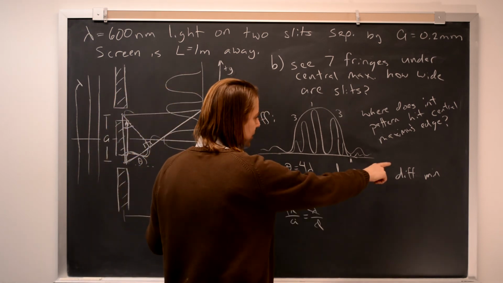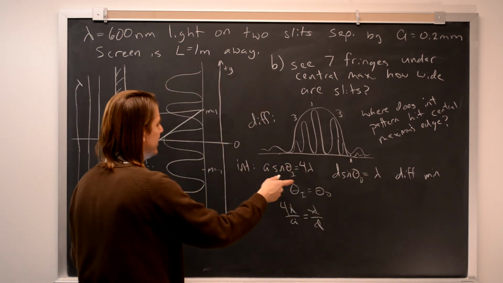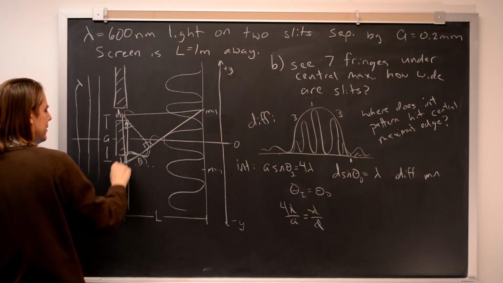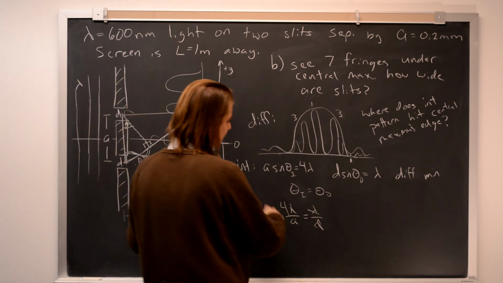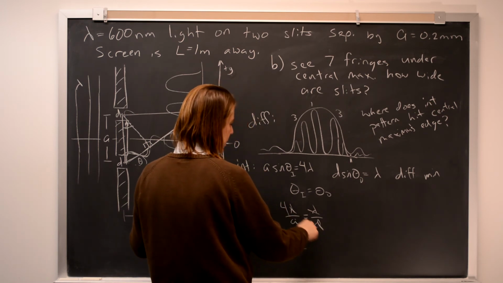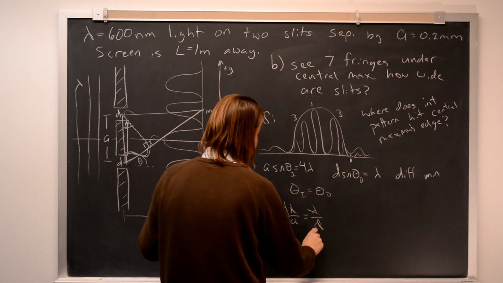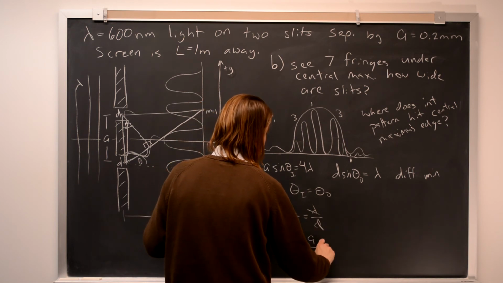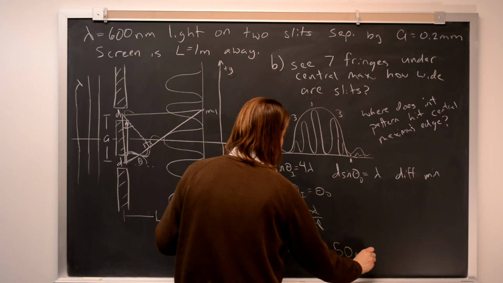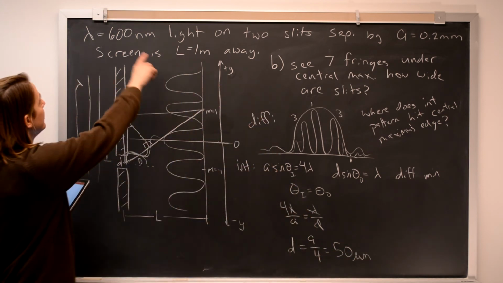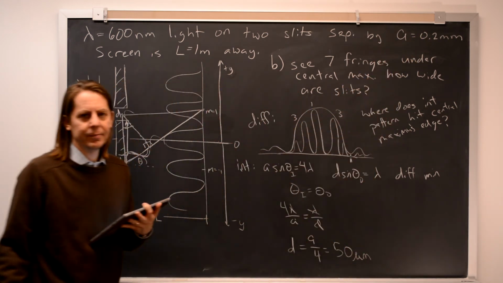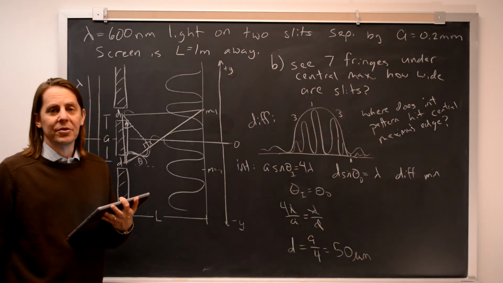So if we're solving for D, the width of the slit, which I never really labeled, but this is D, then it is A over 4. Right, because that goes over there. A over 4, it is 50 microns. This was 200 microns. So you divide by 4, you get 50. That is an answer to this problem.